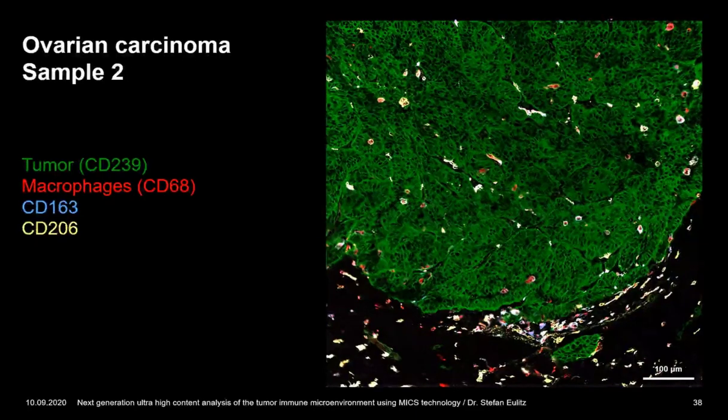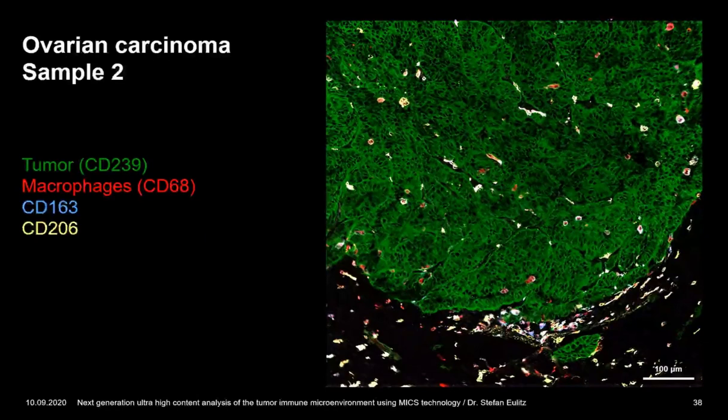So in this picture, you can see CD206, which is depicted in yellow. This is another marker present on M2 macrophages, which could also serve as a prognostic marker. As not all macrophages are CD206 positive, it is quite obvious that we have here different subpopulations of macrophages.